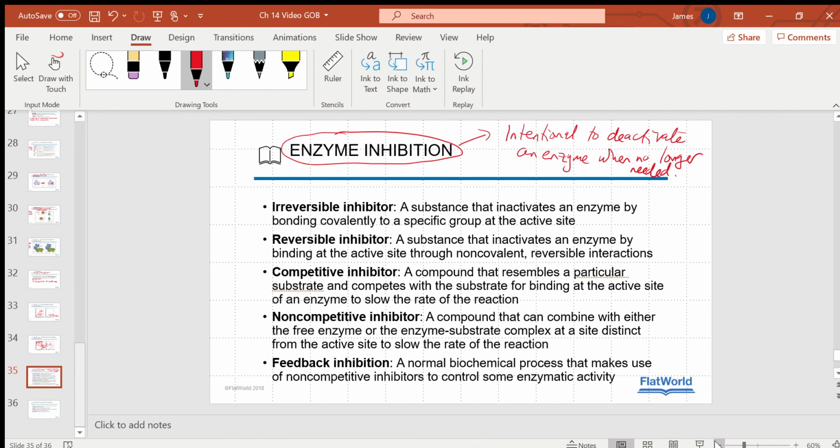There's different ways that can happen. Obviously, you can be poisoned artificially, but you can naturally poison yourself to stop the enzymatic action. And there's different types of ways that you can inhibit enzyme function here. So you can have a look at this. I would recommend be aware at the GOB level.